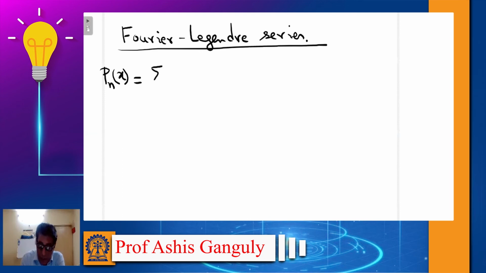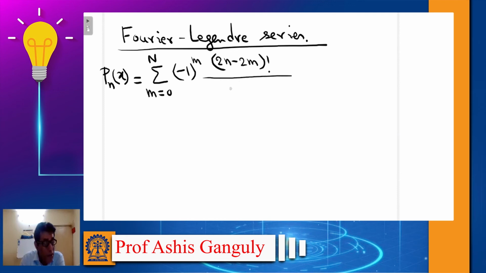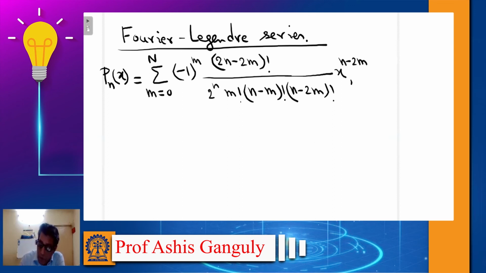Its definition is summation m equal to 0 to capital N of (-1)^m (2n minus 2m)! by 2^n m! (n minus m)! (n minus 2m)! times x^(n minus 2m), where capital N equal to n by 2 or (n minus 1) by 2 according as small n is even or odd.